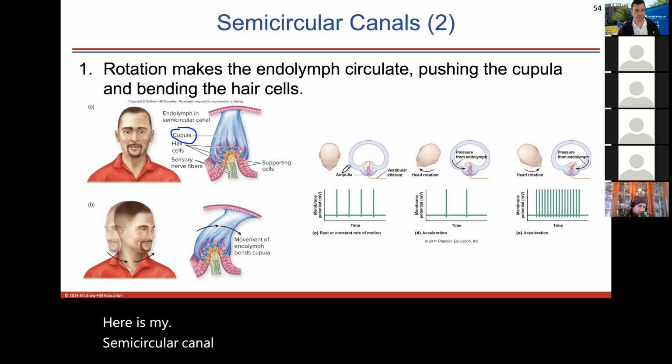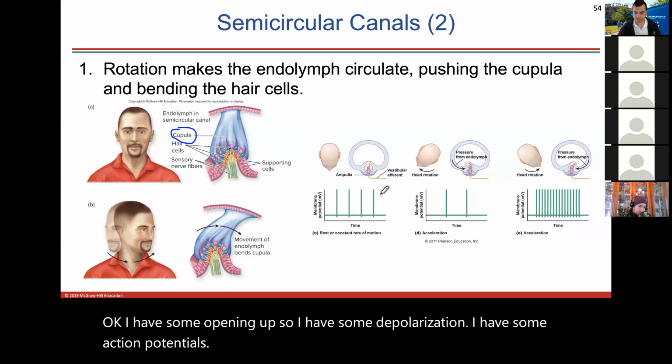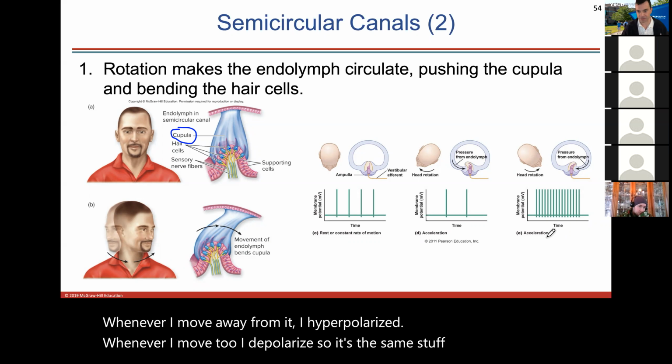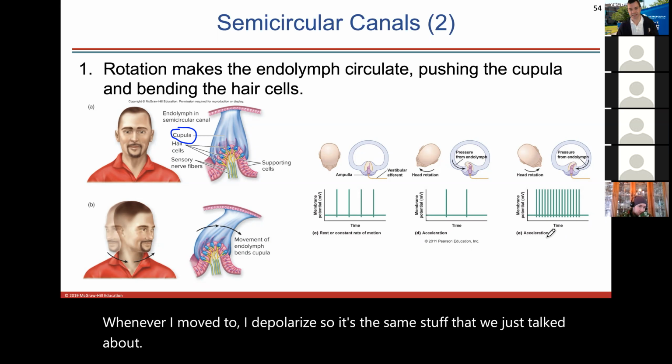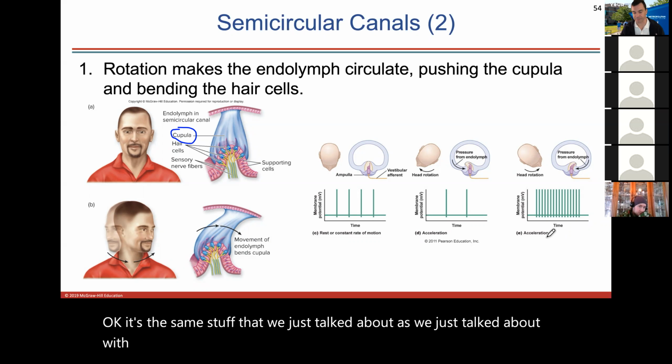Again, when I'm not in motion, I have some opening up, so I have some depolarization, I have some action potentials. Whenever I move away from it, I hyperpolarize. Whenever I move toward it, I depolarize. So it's the same stuff that we just talked about with the utricle and the saccule.